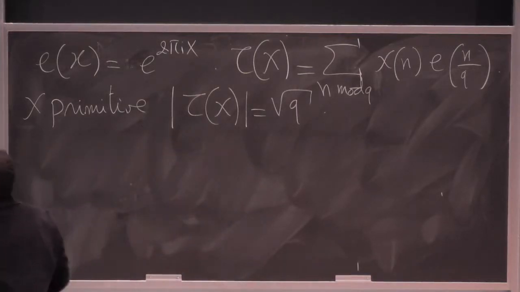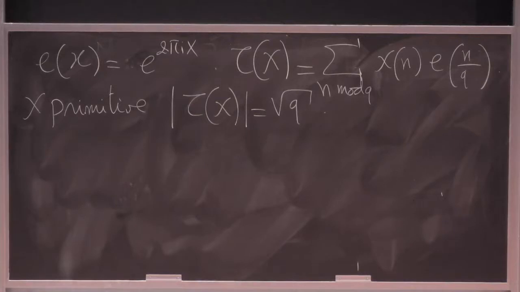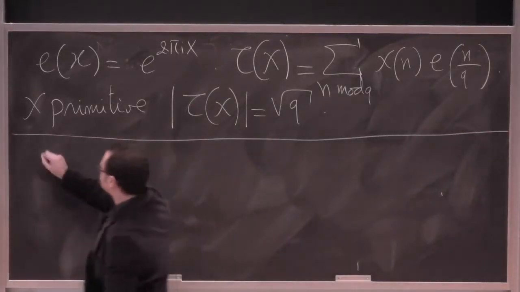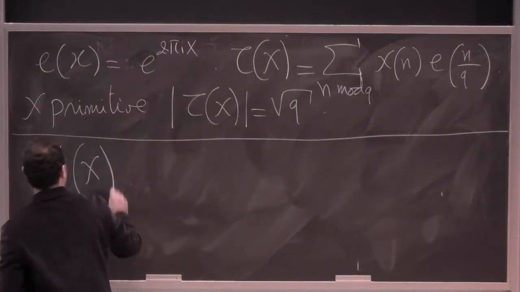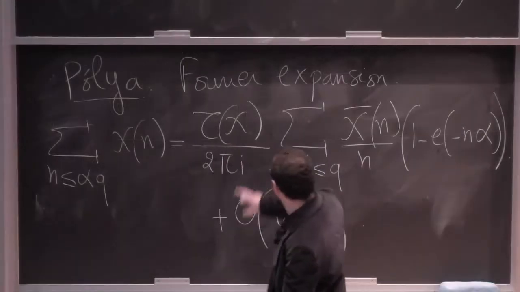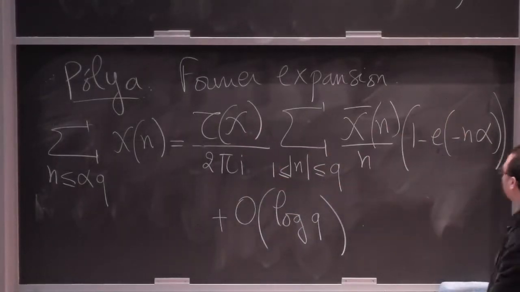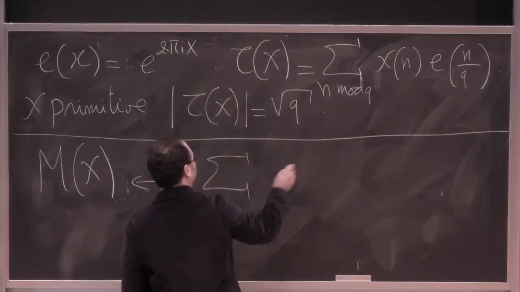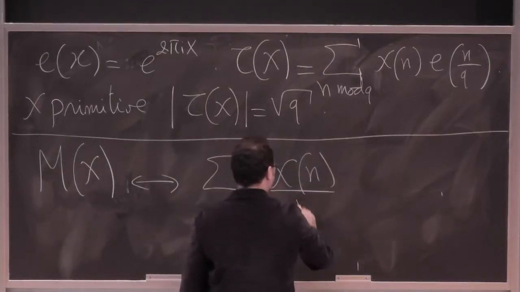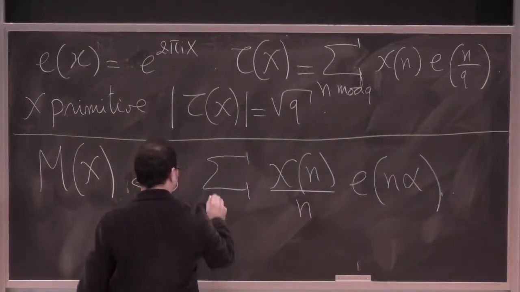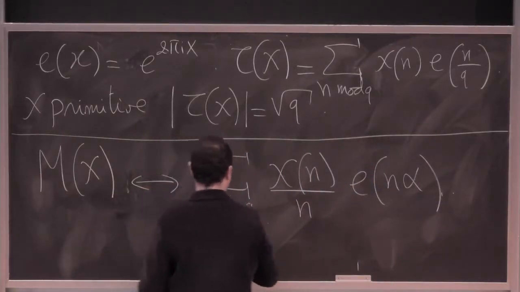And so it's clear that if you want to understand the character sum, so understanding M of chi, which is in fact the maximum over all alphas of such character sums, you need to understand the following exponential sum: the sum of chi of n over n times e of n alpha, for n up to k.